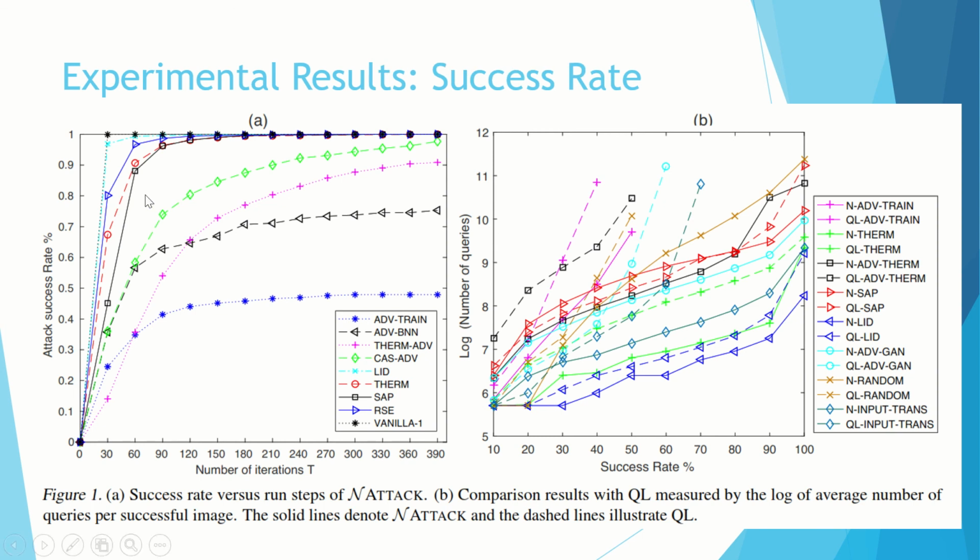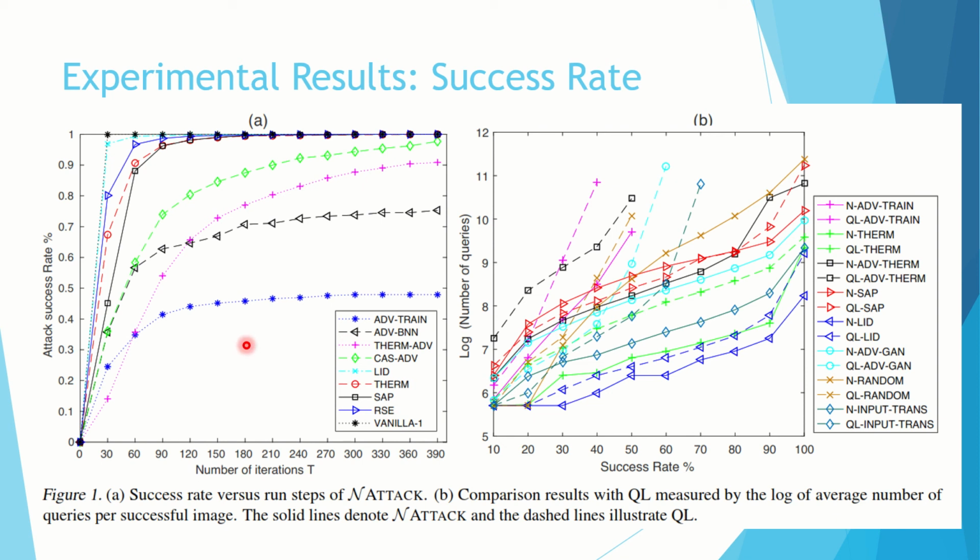In this slide, we can see the comparison of the N attack with the QL attack method. We explained the QL attack method at the beginning of this presentation. This diagram presents the result of the N attack for different defense algorithms.